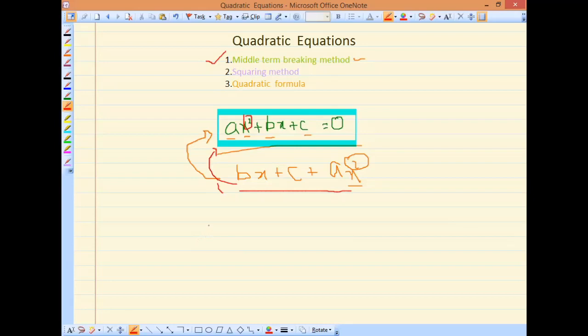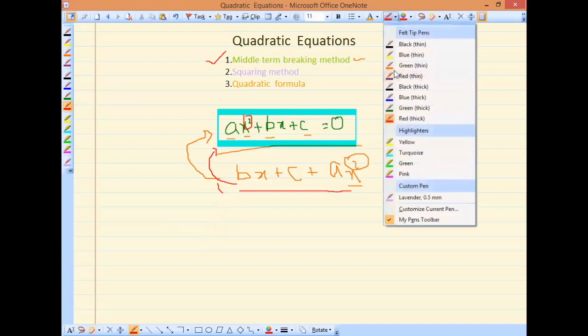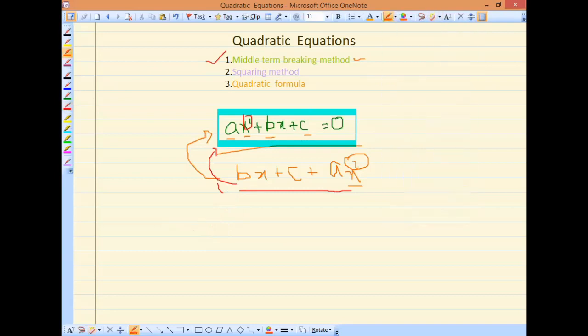So here I have a question with me. Okay, let us start. I am taking a very simple question, so it will be easy for all of you to understand. X squared, and here 1 is there. If there is nothing written, it means it's 1.